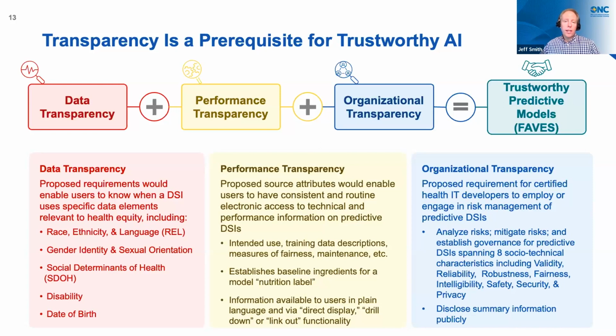Now, we relied really heavily on the NIST AI risk management framework for this piece of the puzzle. Again, we know that it would be foolish to get really prescriptive on exactly how to manage risks. But we did follow best practice as it came out of NIST, and we identified several areas, including risks related to the validity or reliability or the safety or the security or the privacy of data used in a predictive DSI.